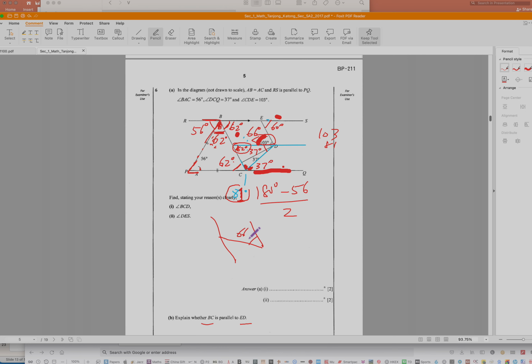It should be the same because it's alternate, but it's not the same, right? So therefore they are not parallel. Because one is 62, one is 66. Okay. Next.